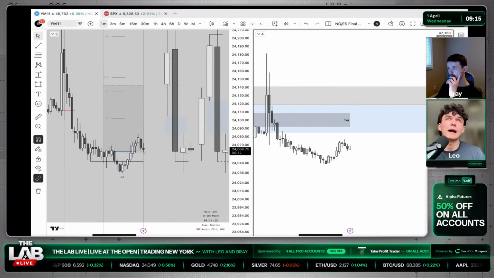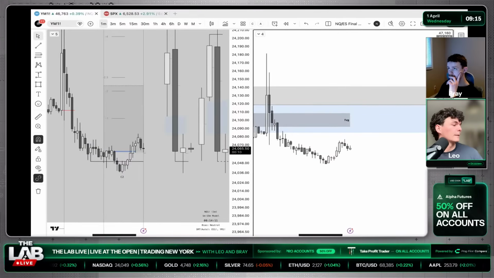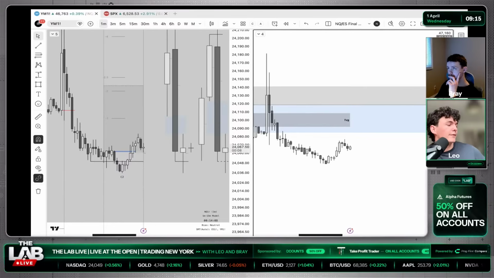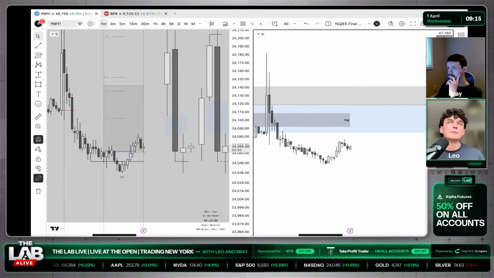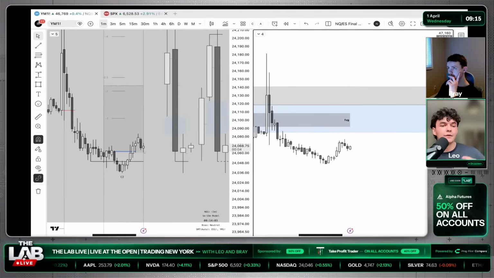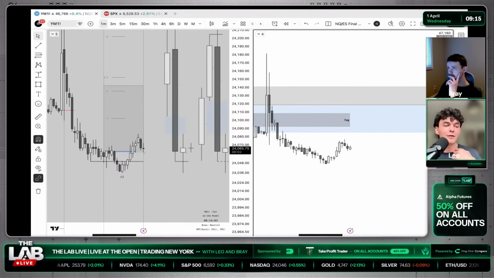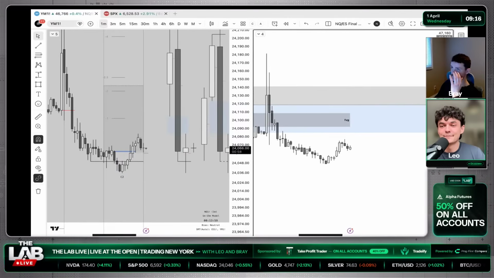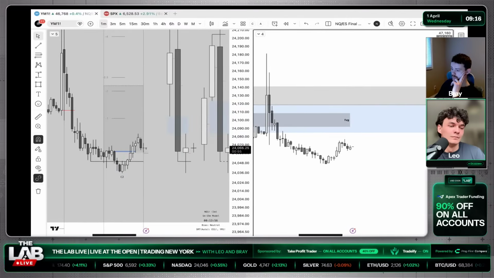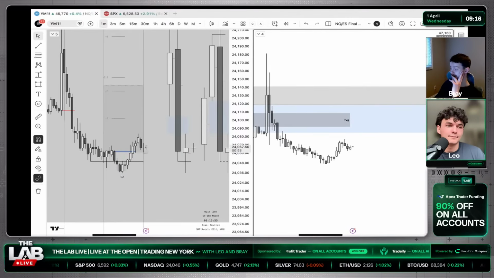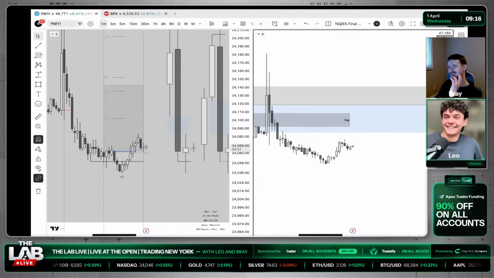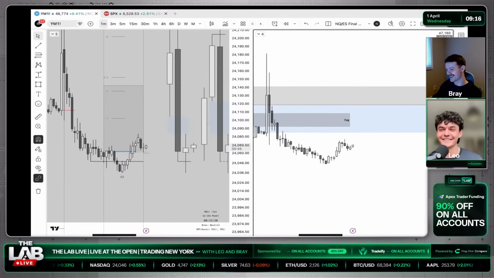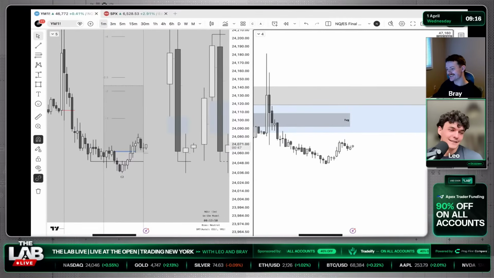Just being able to drag one bar and immediately see it on my screen, it's obviously not that much different from Tradovate per se, but there's something about the visual UI of TopStep that honestly makes me feel better when I'm actively in a trade. Yeah, the management side is really nice. It's very good when it's working. Yeah, when it's working. That's a big if.